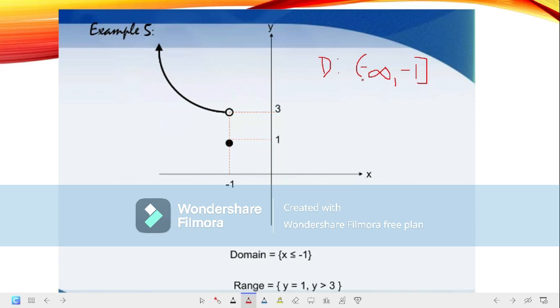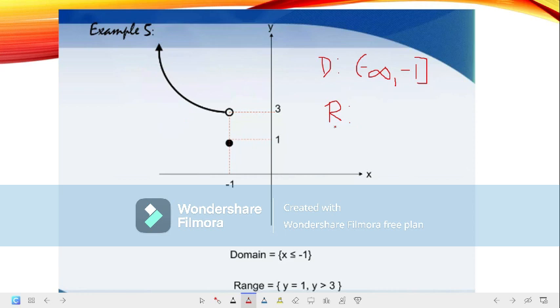Okay, so we'll proceed to the next. For the range, we cannot express it using the interval notation. Why is it we cannot?